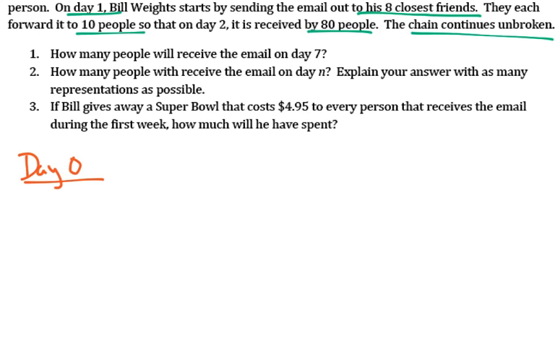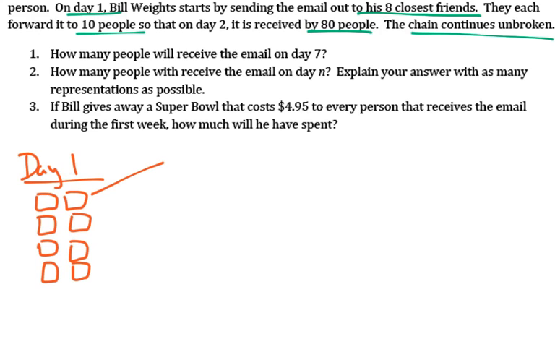We're going to call that our day 1. It's when he sent it out to 8 people, right? So 8 emails, and each of those they sent out to 10 people, right? So you can see obviously a diagram is going to be tough to make, right?